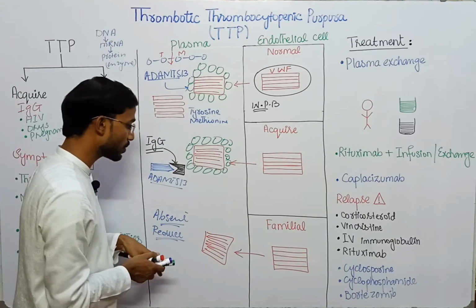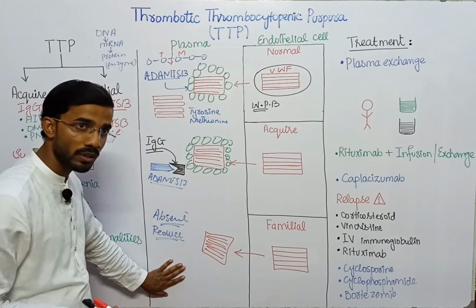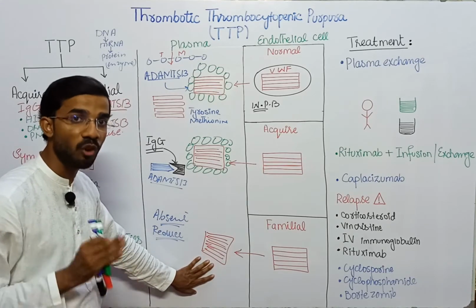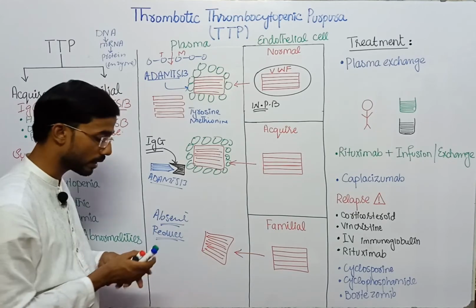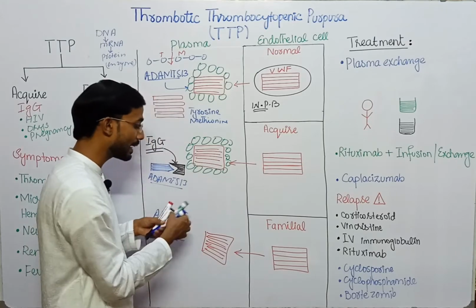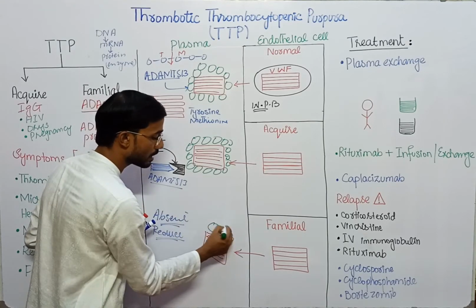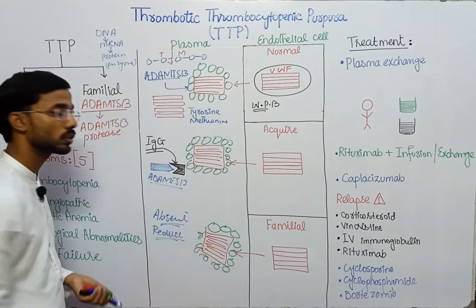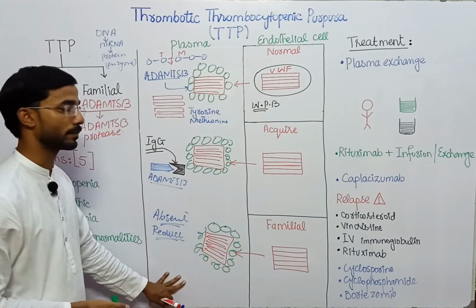If the protease enzyme is not present, then multimeric von Willebrand factor will not convert into the monomeric form. So it will remain in multimeric form, aggregate several platelets, and form a thrombus in the body.